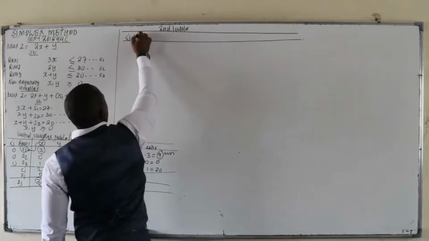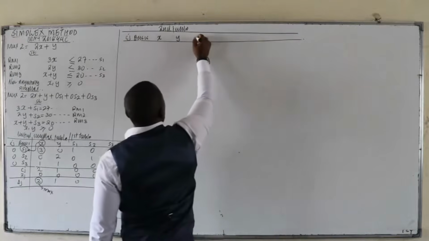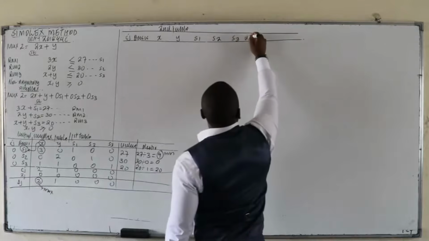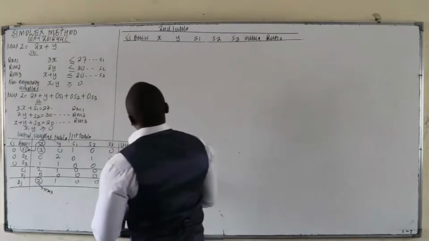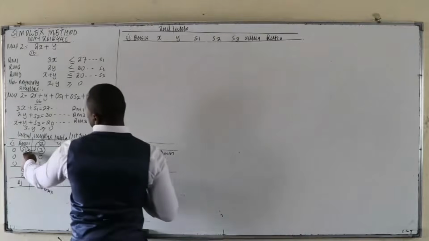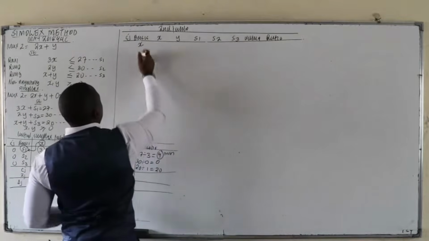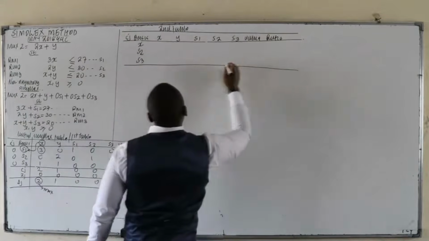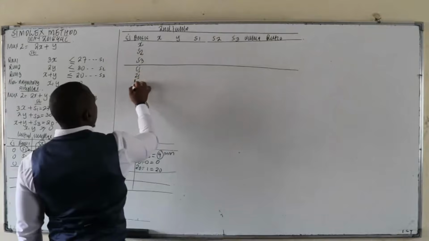So Cj, basis, X, Y, S1, S2, S3, value and ratio. And then for the basis, now S1 is gone, has been replaced by X. Then we have S2, S3. Then we have Cj, Zj, Dj.